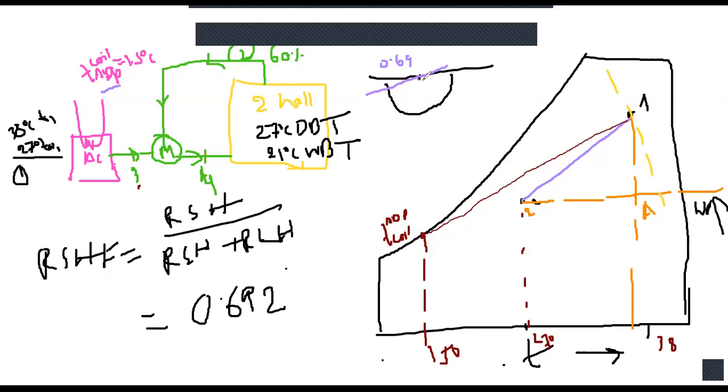So the room sensible heat factor line must pass through the room point. Okay, the room point is 2 and the room sensible heat factor line is this. So draw the parallel line which is parallel to the room sensible heat factor line and passes through the point 2.